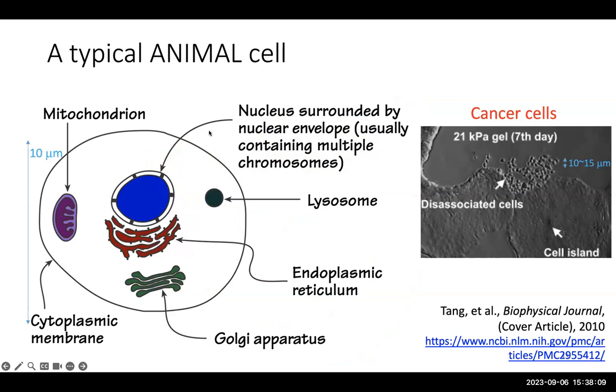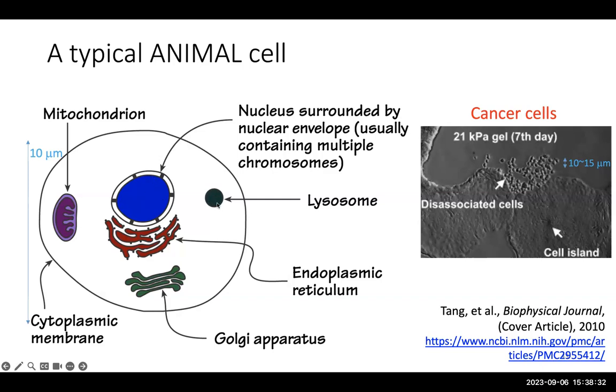So in the eukaryotes, here is one example, just one cartoon of the typical animal cells. Okay, so here they have this membrane, and then they contain the mitochondria inside. Mitochondria is the energy factory of the cell, and then they contain the nucleus, and then lysosome.